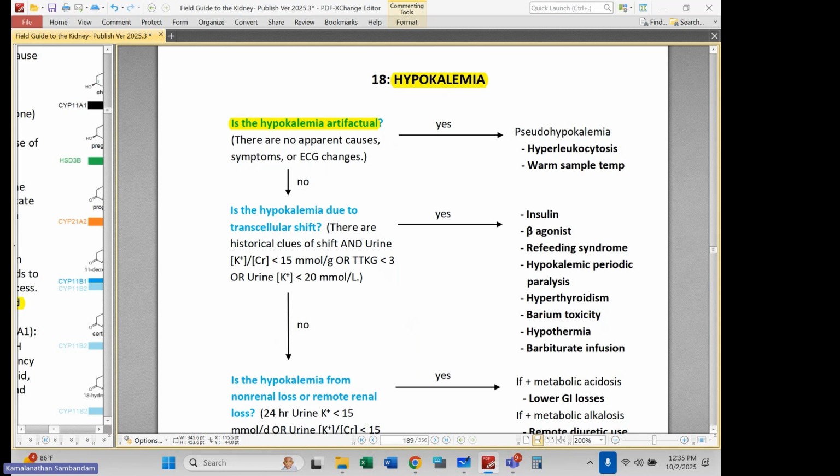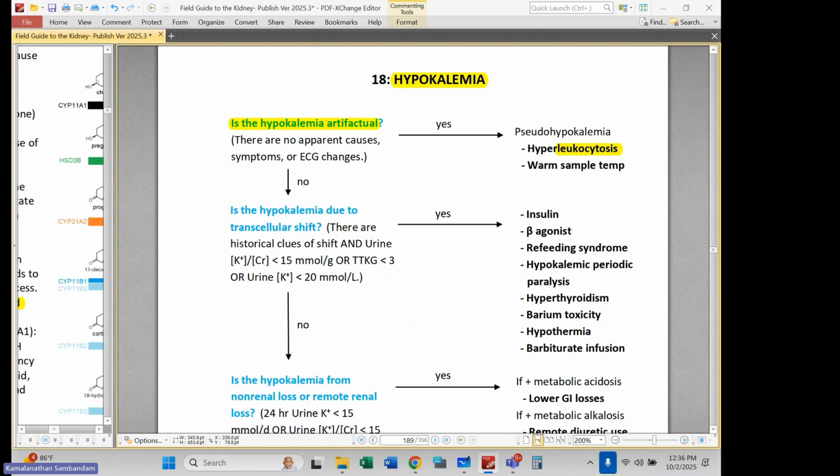Well, first answer the question, is this an artifactual hypokalemia, which can occur similar to artifactual hyperkalemia? It is said that when you have a large number of leukocytes ex vivo in a test tube, they may actually be internalizing K through sodium potassium ATPase activity, and the ECF K can be detected as apparently low.